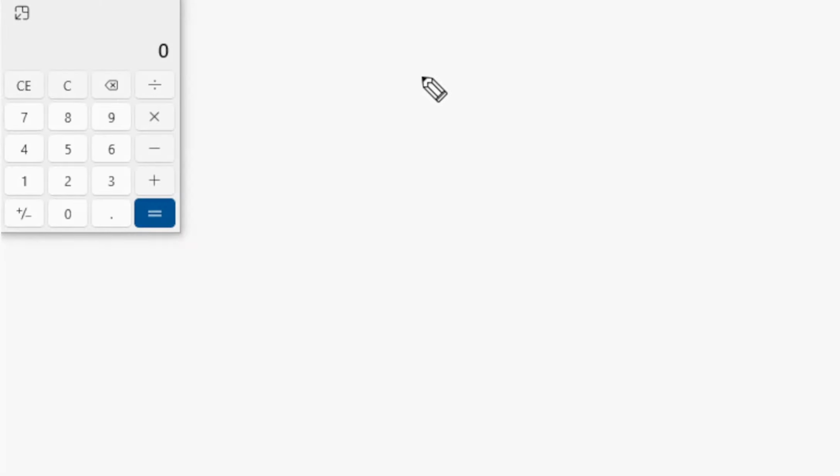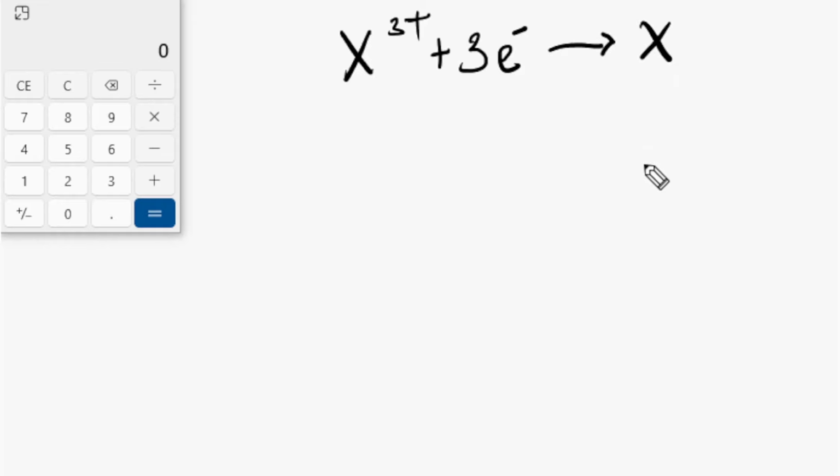So first of all, we know that for this trivalent ion, the expression is going to be such that there will be a discharge by this.